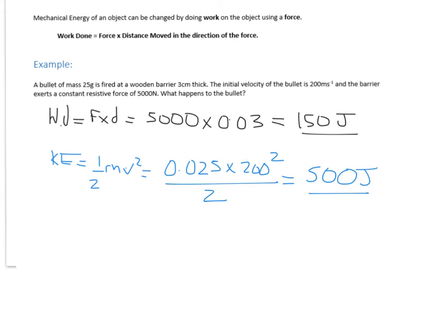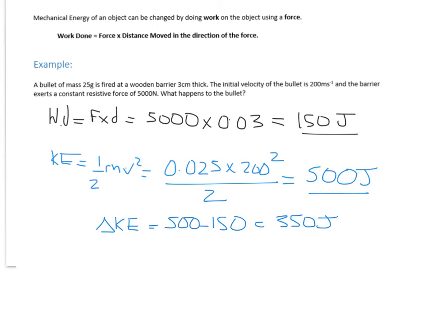If we want to calculate the final velocity of the bullet, first of all we need to think about the change in kinetic energy. That's going to be the total before minus the difference, which equals 350 joules.